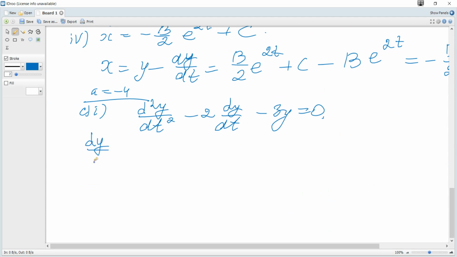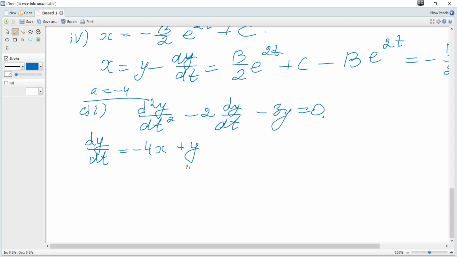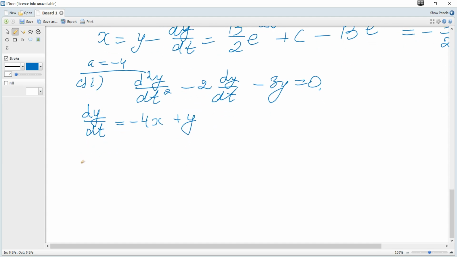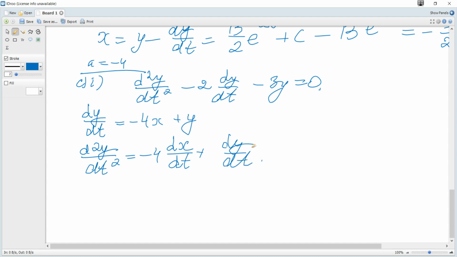Dy over dt is -4x plus y, and let's differentiate it. The second derivative of y is -4 dx over dt plus dy over dt, and we can see we need to get rid of dx over dt.